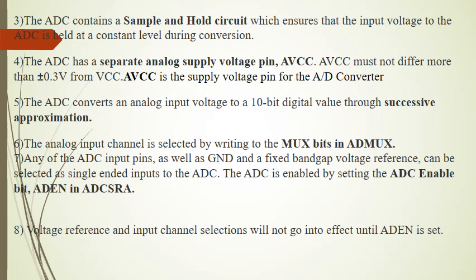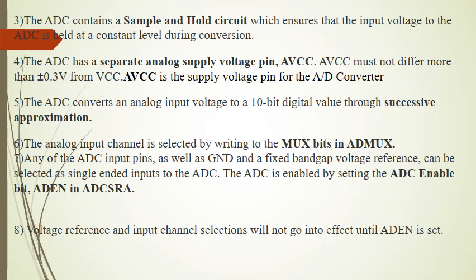Then the conversion from analog to digital takes place through successive approximation. And the analog channels, as we all know, are 6 or 8 depending upon the package of the ATmega. They are selected by writing MUX bits in the ADMUX register. We'll see what the ADMUX register is.